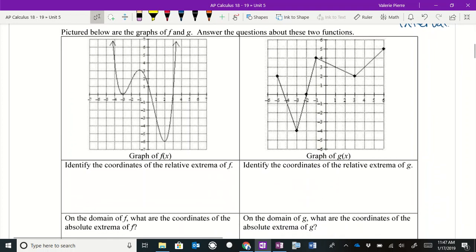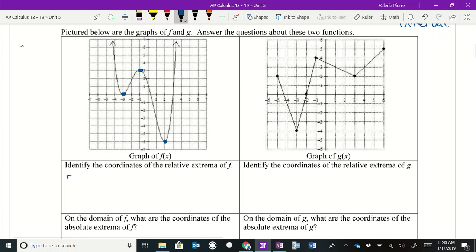So we have two graphs here, f of x and g of x, and we have a few questions that we need to answer. So first, for f of x, we want to identify the coordinates of the relative extrema of f. So relative extrema, again, whenever the graph changes from increasing to decreasing, right? We're used to calling those the relative max and mins.